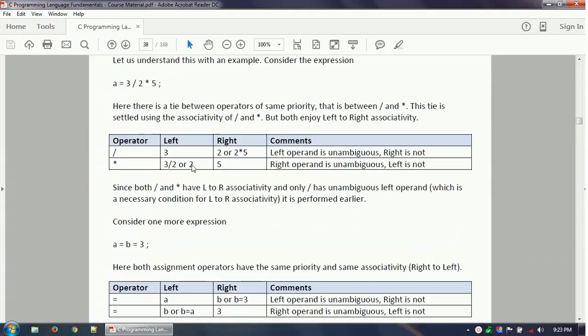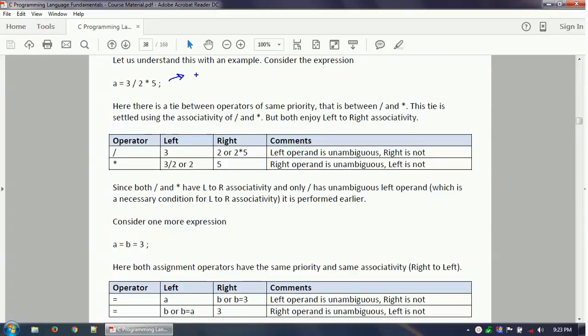In this example, a is equal to 3 divided by 2 into 5. This division and multiplication have the same priority, right? So how will this be evaluated?